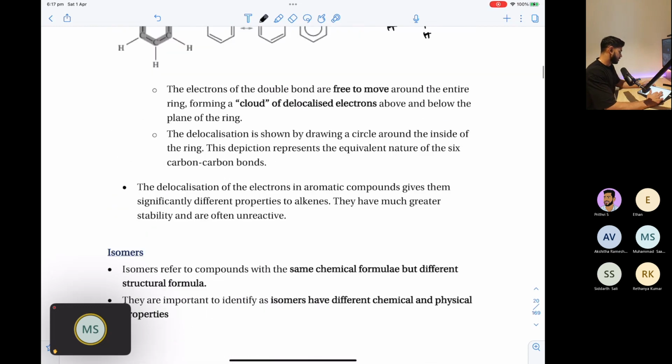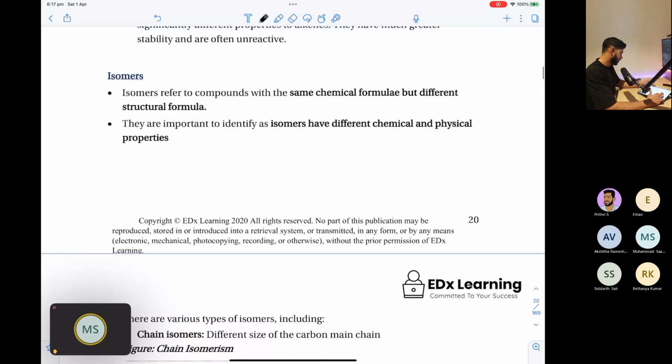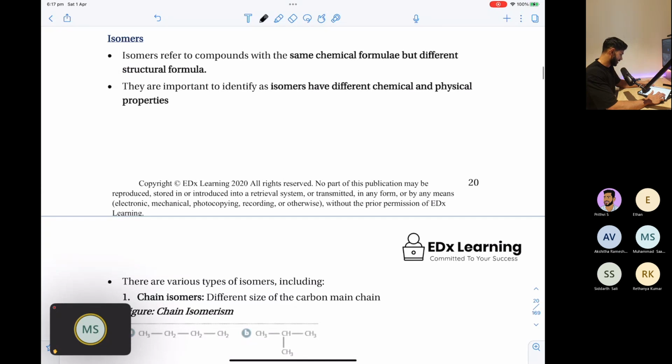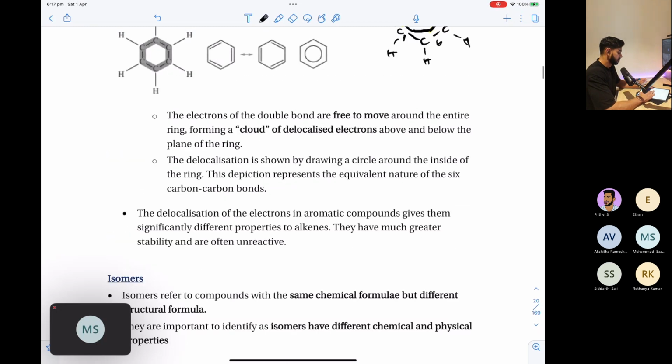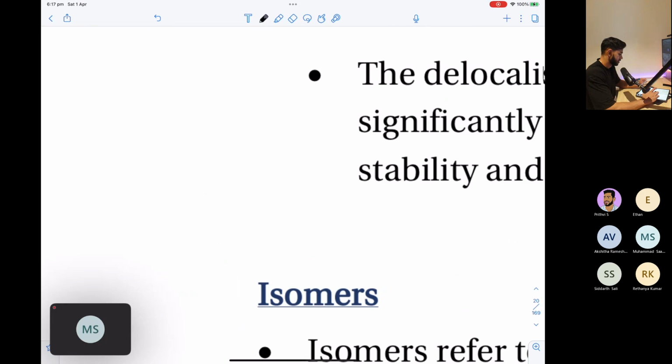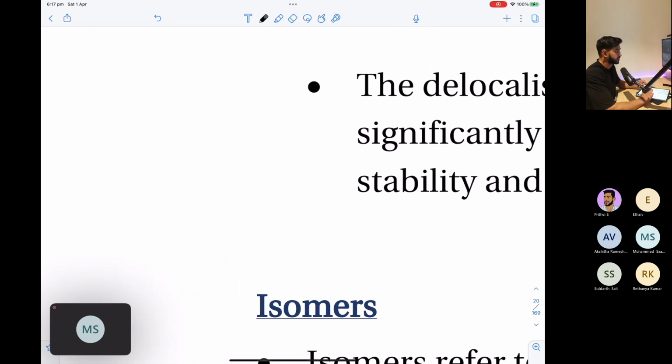Good. All right, let's go to isomers. Isomers are an amazing test of your spatial understanding. We'll first talk about what the word isomer means. Akshita, can you explain to the class, what does isomer mean?